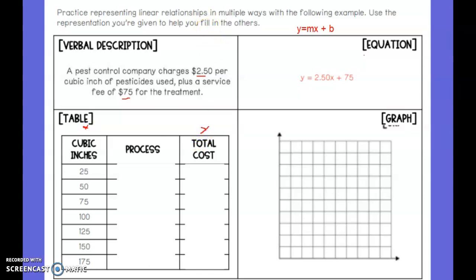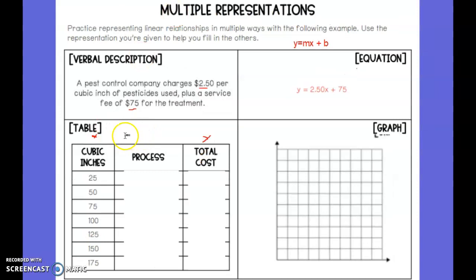We're going to use the equation that we already have, 2.50x plus 75, and take the numbers they give me instead of inches and replace the x in order to get the total cost.